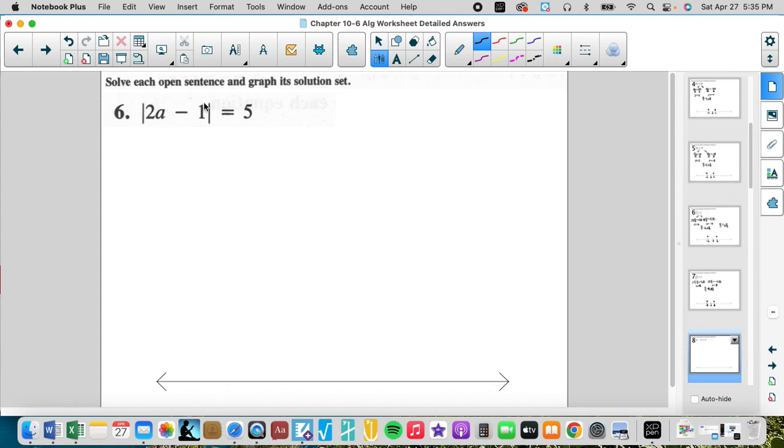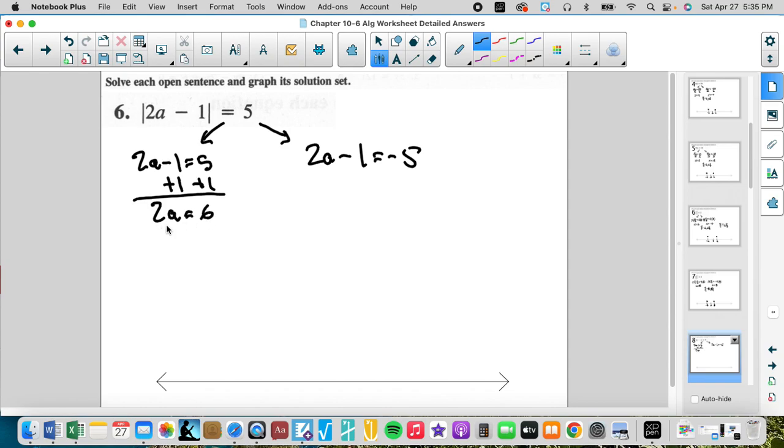Now we have multiple things, two-step equations. We still do the same thing. 2a minus 1 equals 5, and 2a minus 1 can also equal negative 5. That value can simplify to negative 5, and it would still produce a true answer.